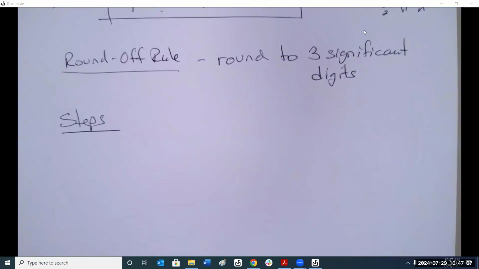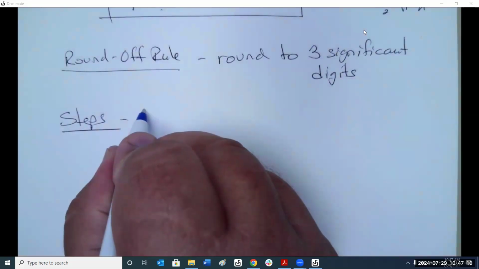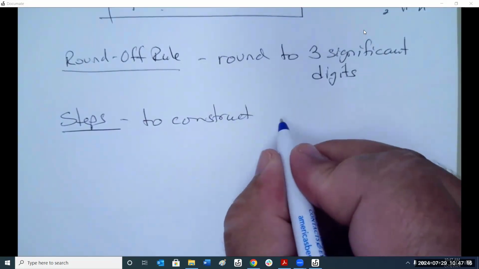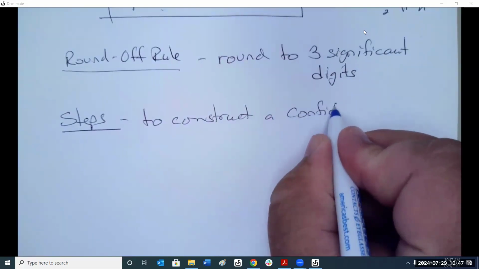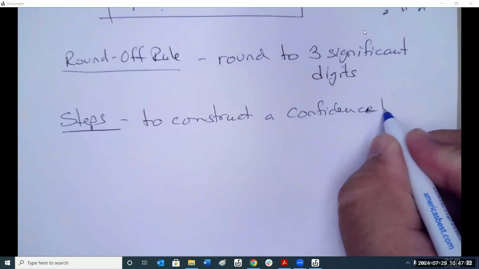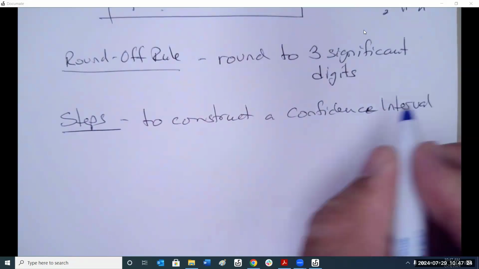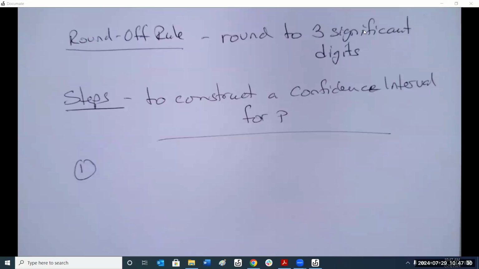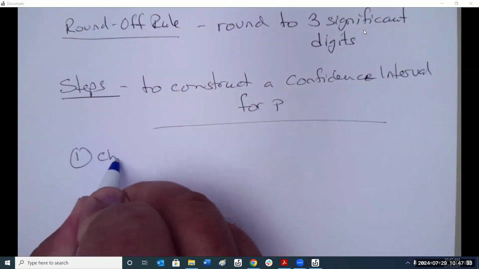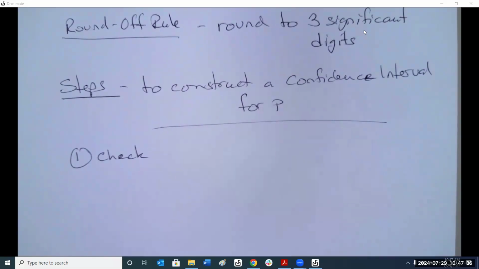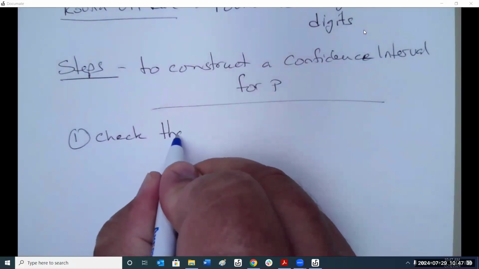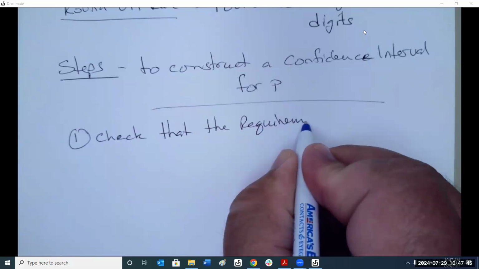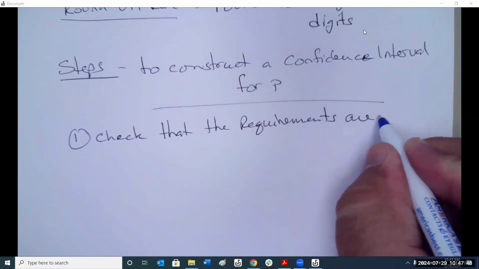And here are our steps to construct a confidence interval for P. Always, first step, check that the requirements are satisfied.